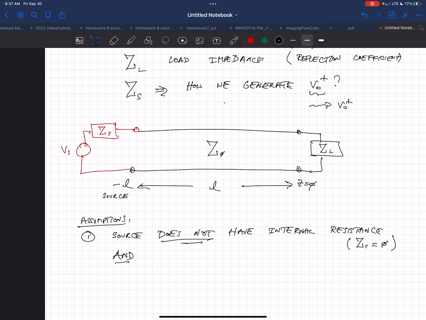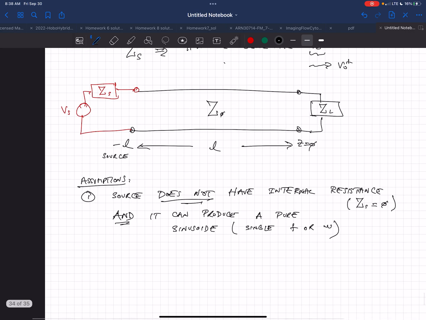And it can produce a pure sinusoid. What does that mean? That means we can assume a single frequency f, or omega, for the waveform coming in, so we don't have to keep track of multiple frequencies. That's what the pure sinusoid means.